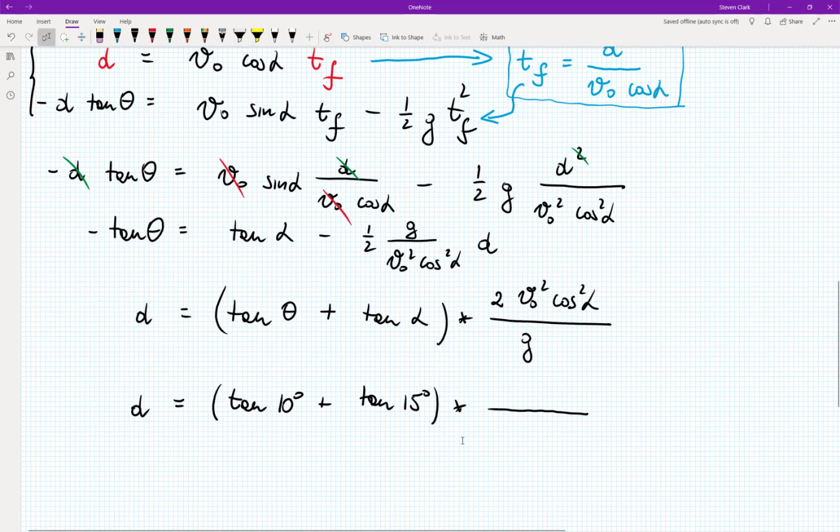So it will be 2 times 250 squared cosine squared 15 degrees. And g, since we operate in US units, this will be 32.2.